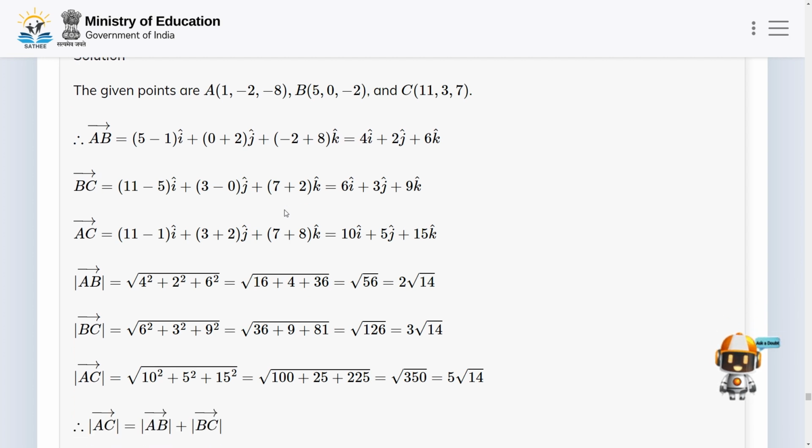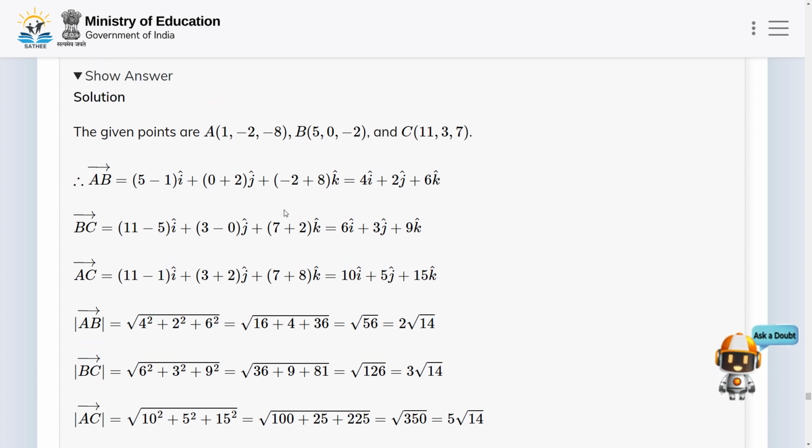So let's see. As you can see, AB vector is given as 4i hat plus 2j hat plus 6k hat.